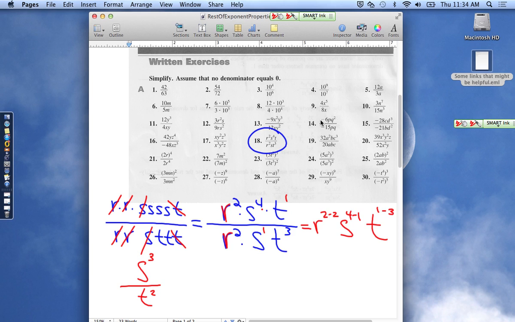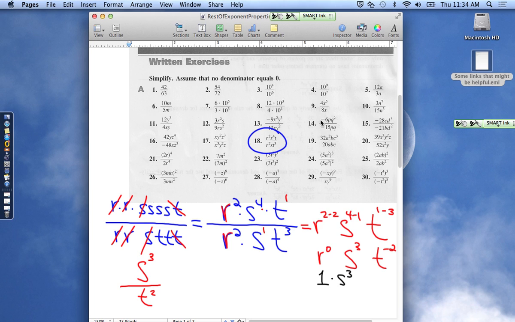That's simply applying the properties. When I come back to simplify and clean this up, r to the power of 2 minus 2 is r to the 0, and then I have s cubed and t to the power of negative 2.